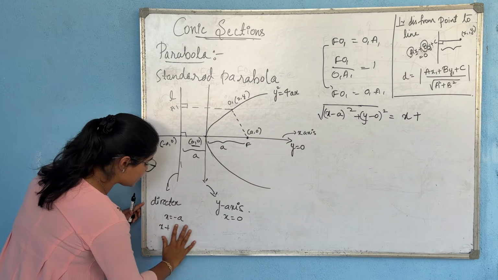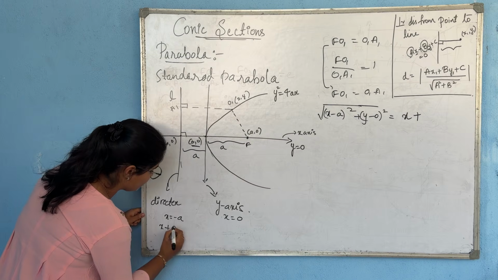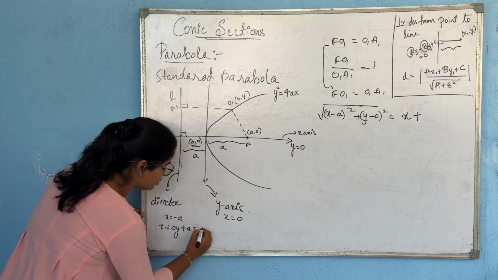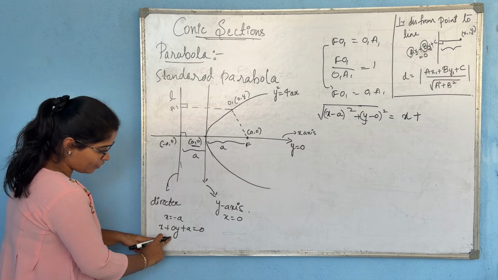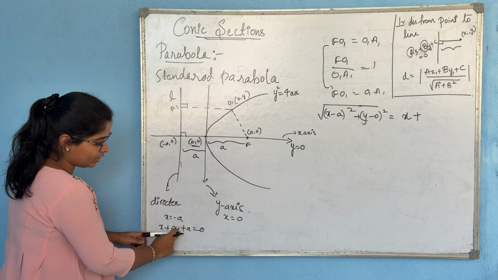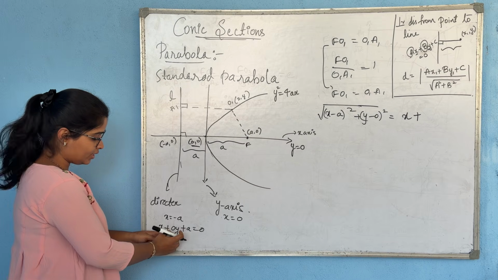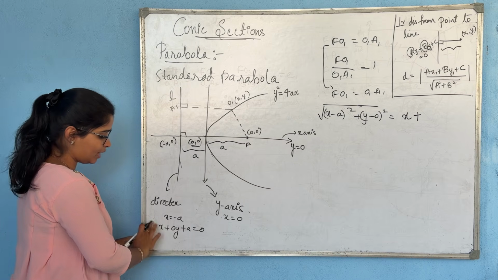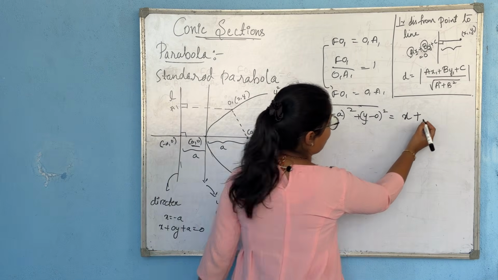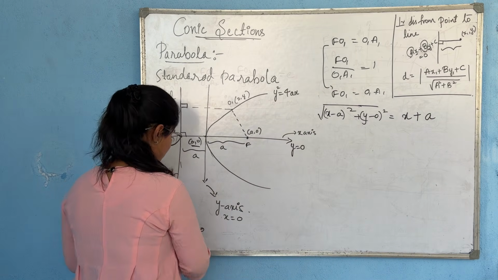Can I write this as 0y plus a is equal to 0, clear? So in place of y, if I substitute y also, it will still vanish because the coefficient of y is 0, therefore I am only getting x here, and lastly I will write plus a, clear?